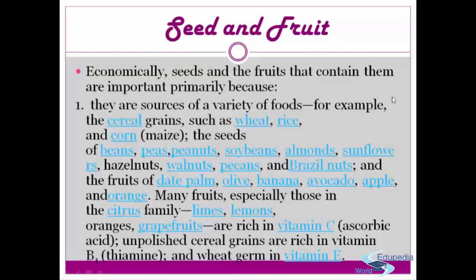Many fruits, especially those in the citrus family, such as orange, grapefruits, limes, and lemons, are rich in vitamin C or ascorbic acid. Unpolished cereal grains are rich in vitamin B1, thiamine, and wheat germ in vitamin E.